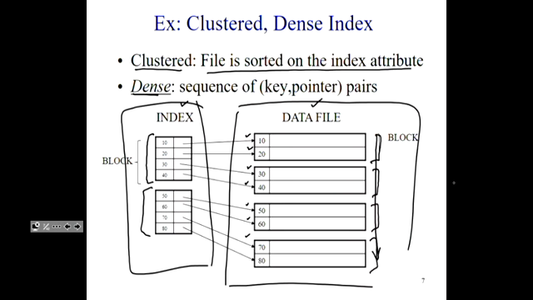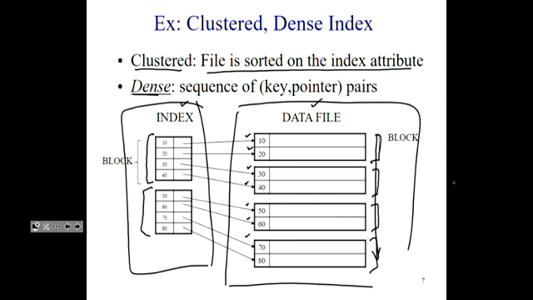So as you can see, you can have more information about more tuples within an index than within a data file. This is obvious because the index only needs to store the value for the search key field and a pointer. The data file may have hundreds of attributes. If it has hundreds of attributes, you're obviously not going to be able to store that many tuples within each block, right?